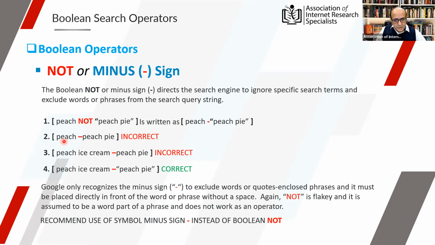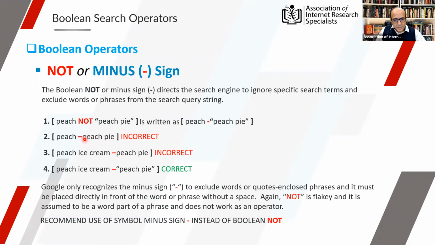And in the second example, now don't worry about where we've written incorrect. For now, we're just looking at the concepts and understanding where the placement of the minus sign should be. So the minus sign you have to place right next to the term that's supposed to be excluded in your search results, like peach pie, for instance, over here, needs to be excluded.